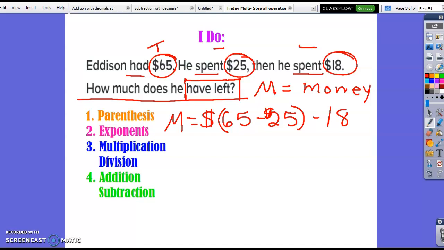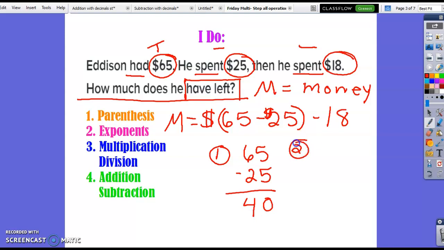So let's go ahead and watch as I go through the problem to solve. So step one is I'm going to do my parentheses, 65 minus 25, and I end up with 40. My step two is I take 40 and I subtract 18.